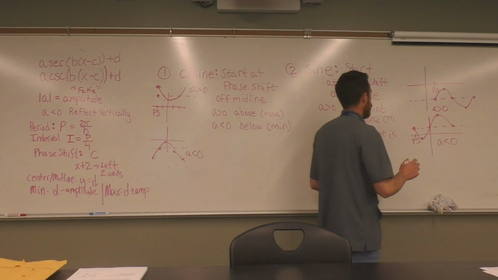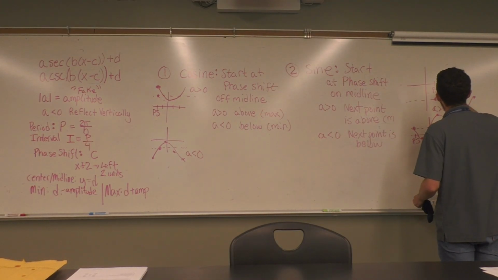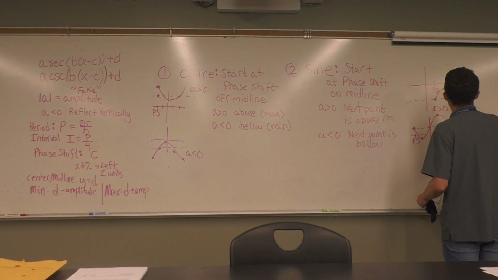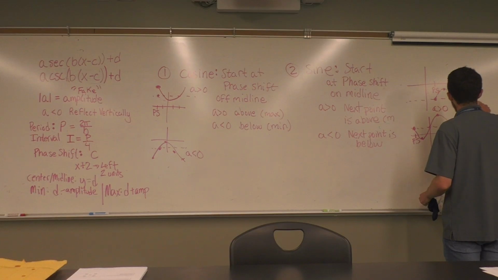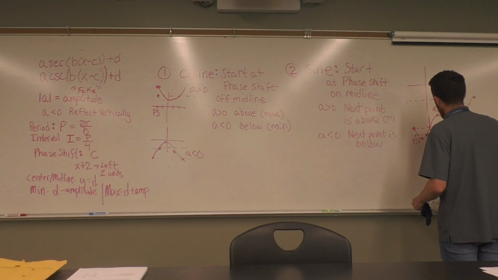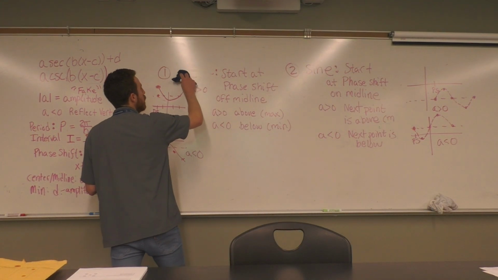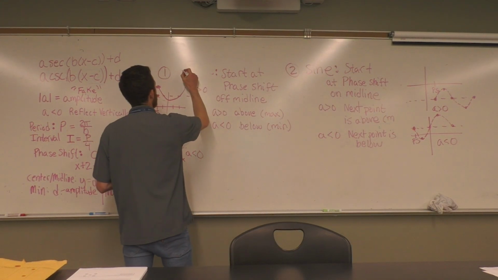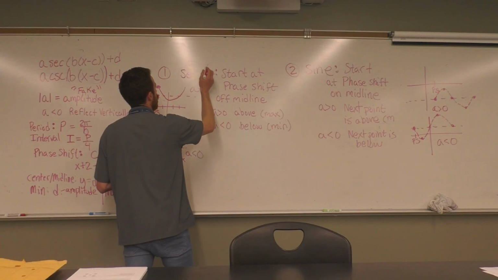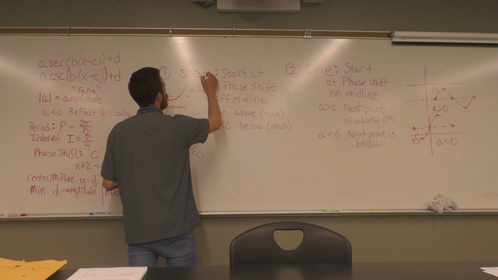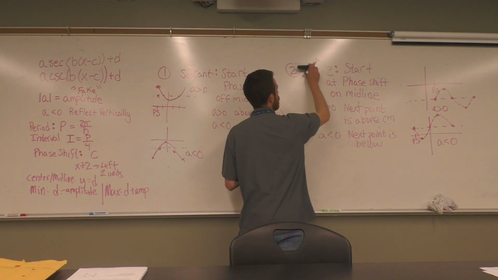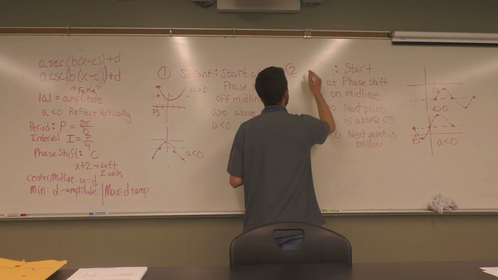And I'll even go over here and start to make these dashed lines. And I'm going to add something. That would be secant, so good call. This would be cosecant, absolutely.